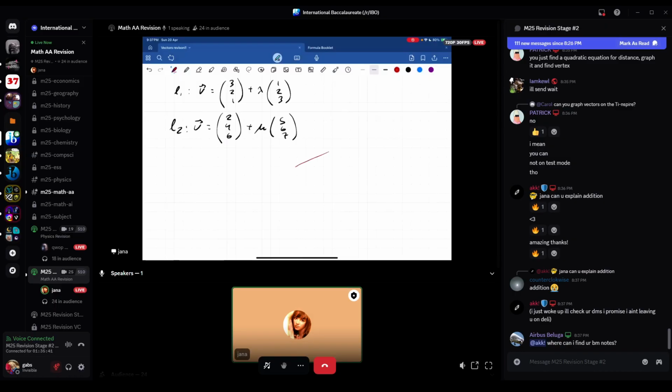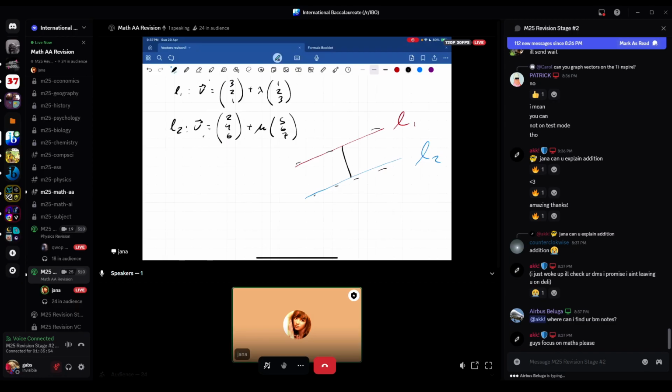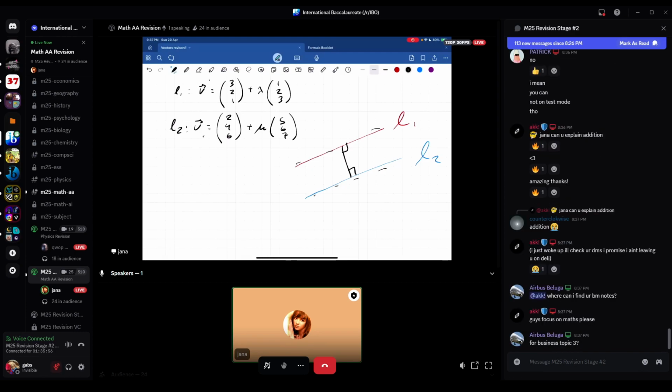So if we have L1 here and we have L2 here, keep in mind that these are going to take you to any point on the line. And we have to find the minimum distance, which is the perpendicular distance between the lines.